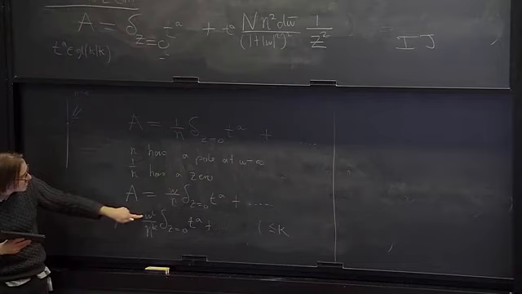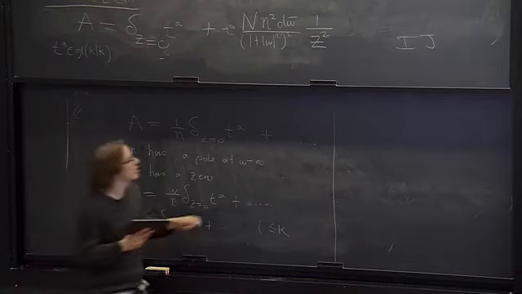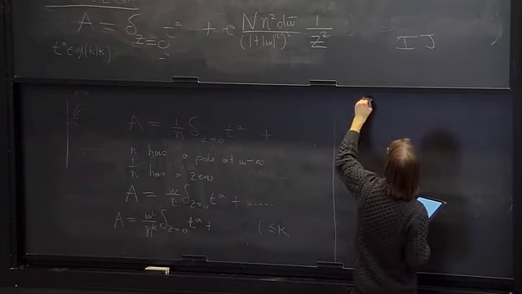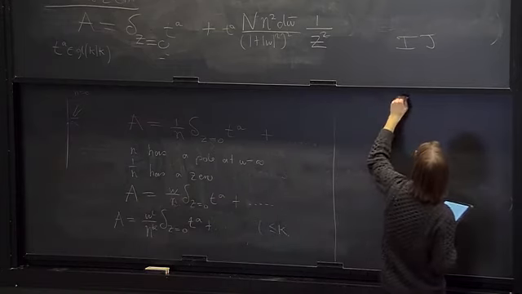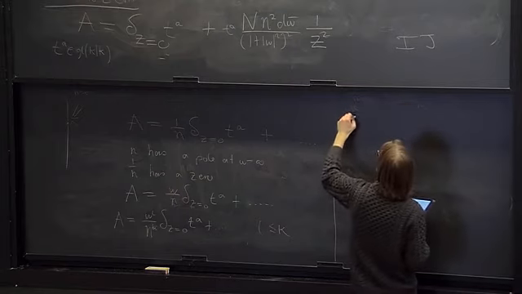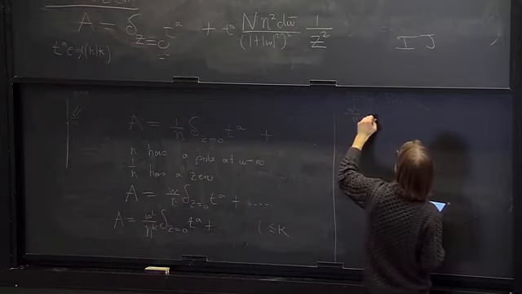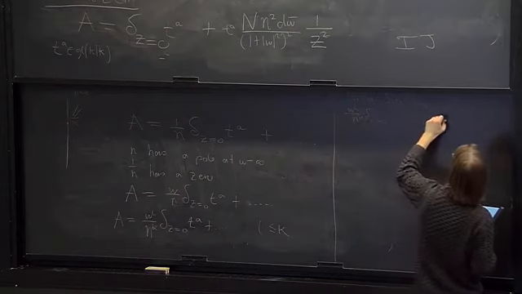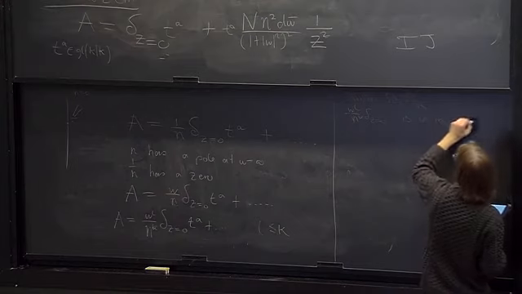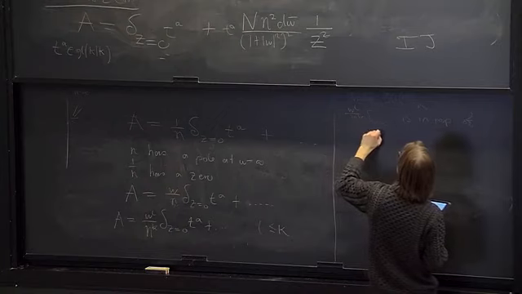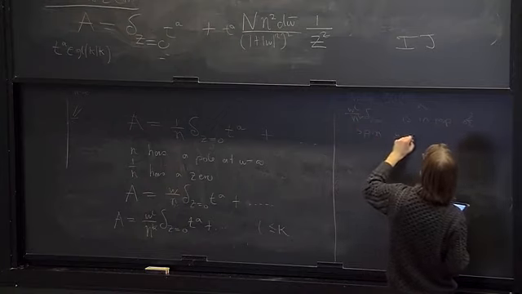So firstly, the SU(2)_R symmetry rotates w. So under SU(2)_R, this w to the l over n to the k, delta z equals 0, is in the representation of spin k over 2.